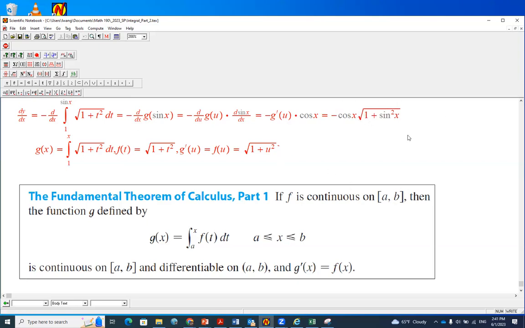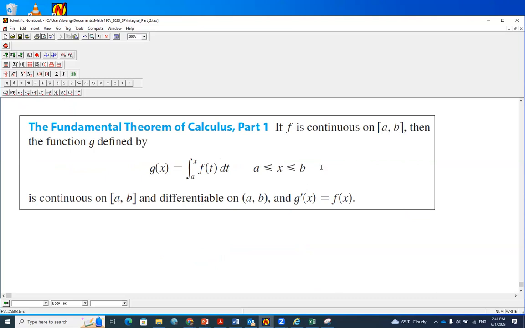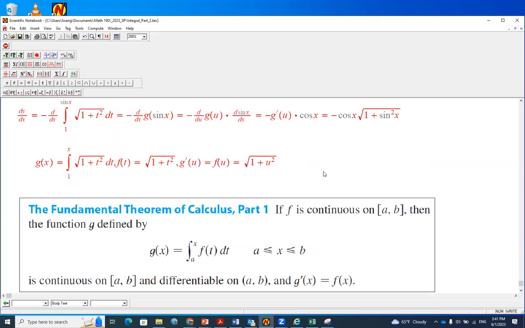Have I achieved my goal? I hope so. But there is a proof of the fundamental theorem of calculus part 1 in the textbook. To avoid making this recording too long, we probably save it for another time, if we have time.